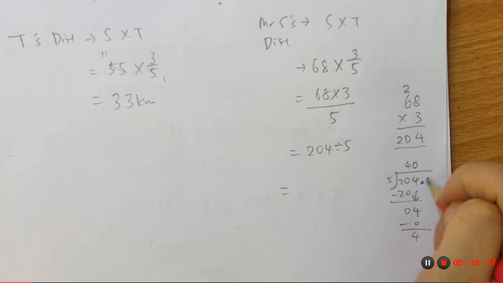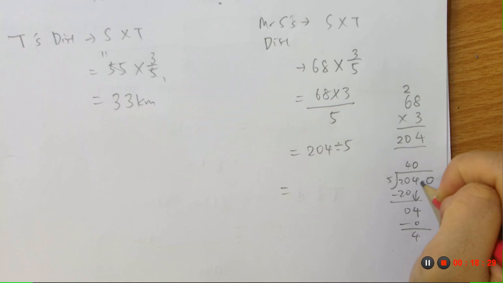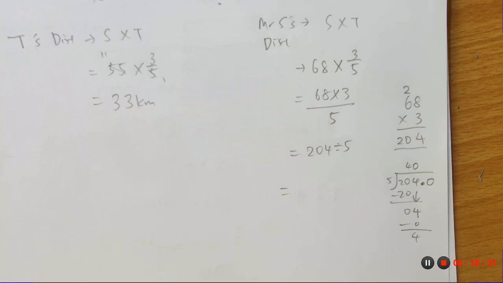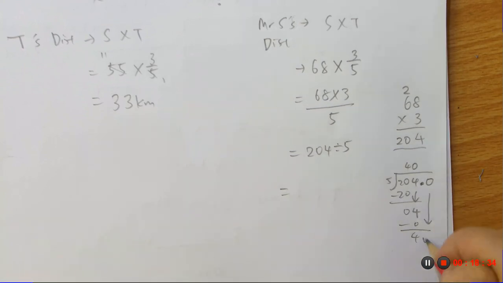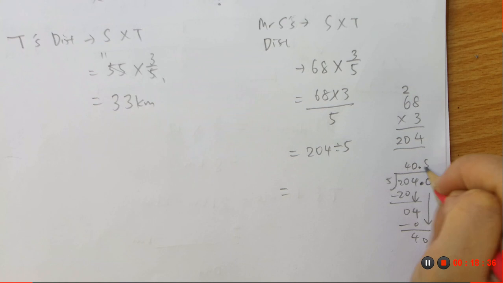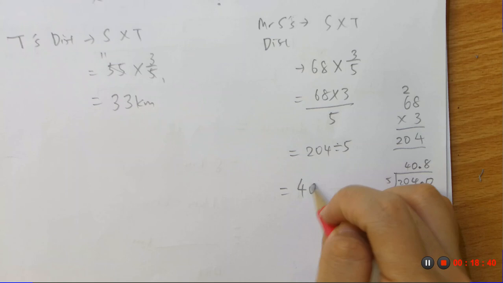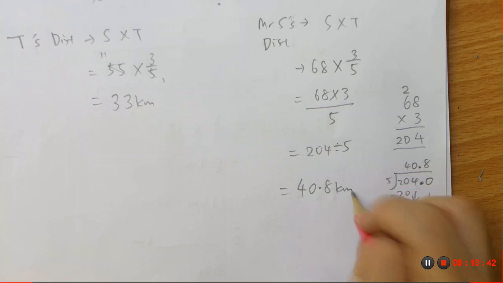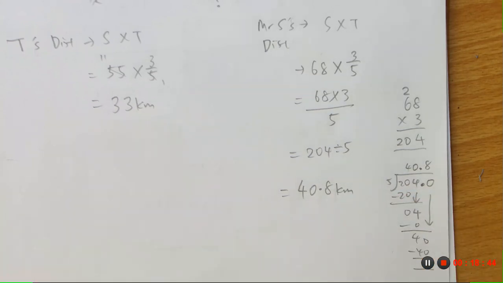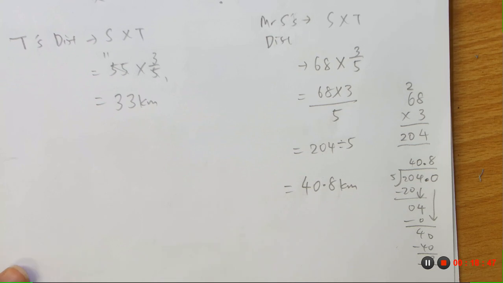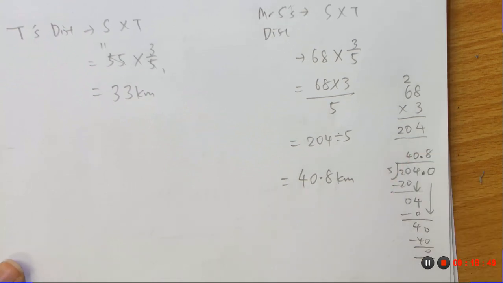And then you have division of decimals. Or of course you can use fractions also. So let's say if I continue to divide, it will be 40.8. Okay, you can write it as a fraction, but I say it's easier to continue dividing.